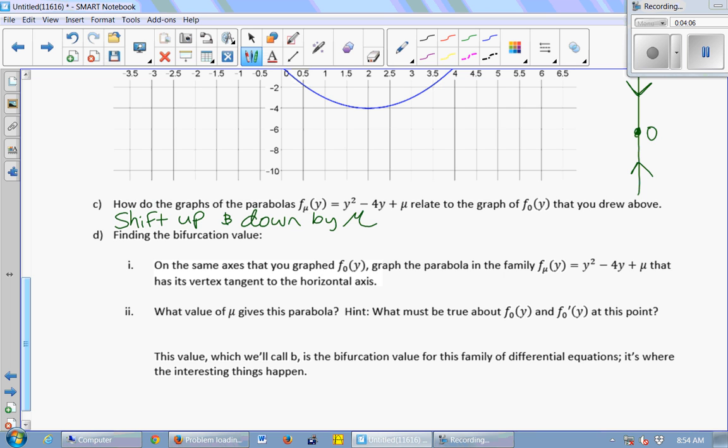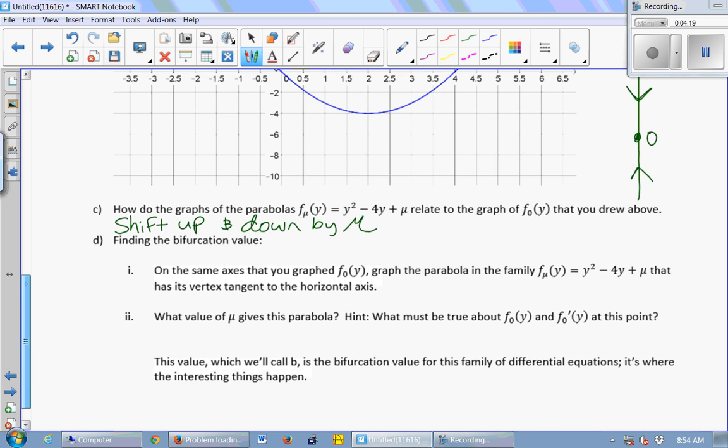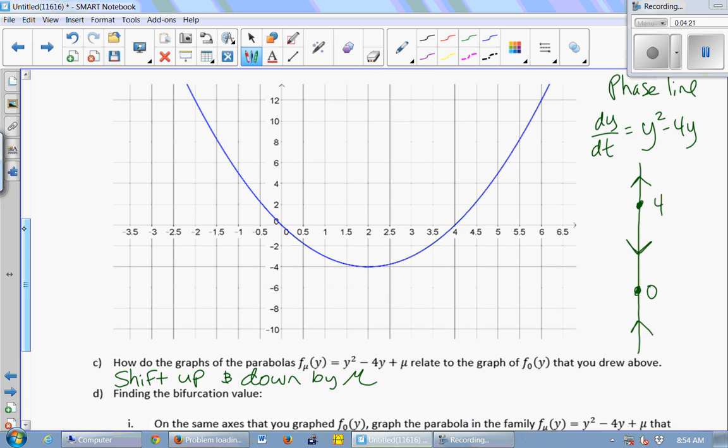Okay, so for finding a bifurcation value. A bifurcation value is when you have a qualitative change in the solutions to a differential equation. So currently, according to the phase line, there are 2 equilibrium points. What mu value, or what would that graph have to look like in order to have only 1 equilibrium point?